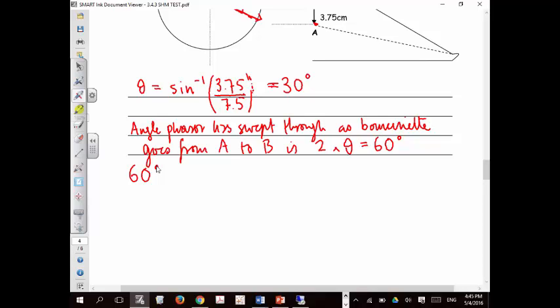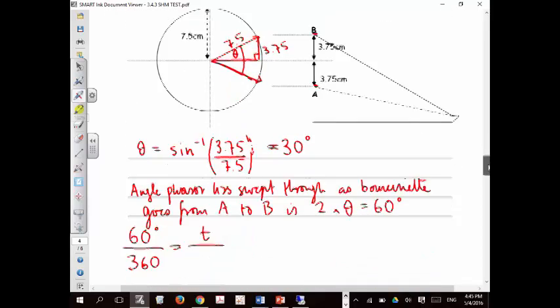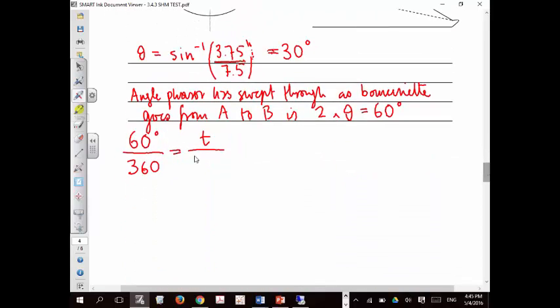Well, 60 degrees is 1/6 of 360, so we don't even need to do a calculation, but we could do 60 degrees over 360 should be equal to t over the time period, which we were given up here. The time period was 0.78, right? So t over 0.78.